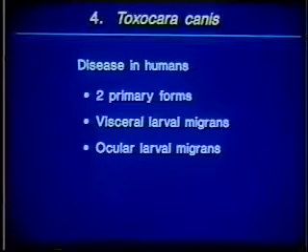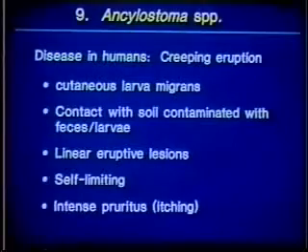Humans may become infected from the larvae of these, resulting in two critical forms, the visceral larva migrans and also the ocular form, that may end up causing lesions in the eye and tragically have been misdiagnosed in some instances as retinoblastoma, resulting in the removal of the affected eye. Clinicians are now a bit more informed about this, and so in those cases that occur, this is considered as part of the diagnosis.